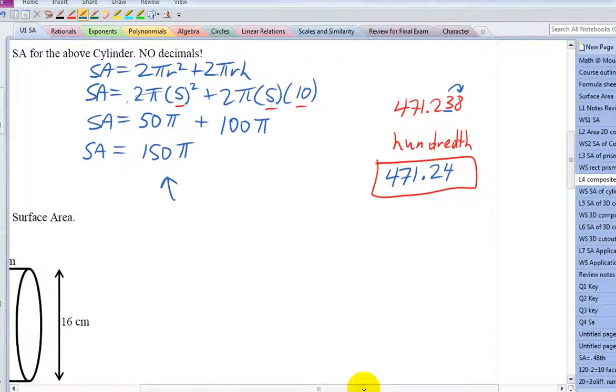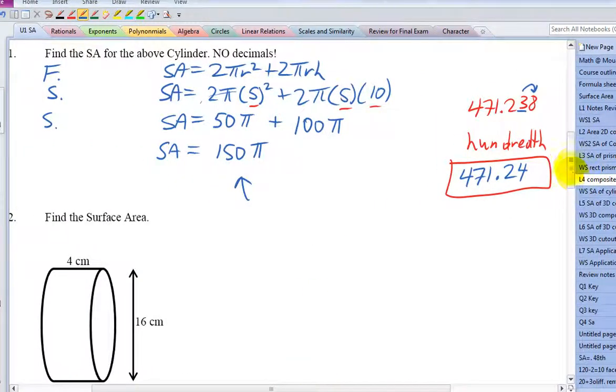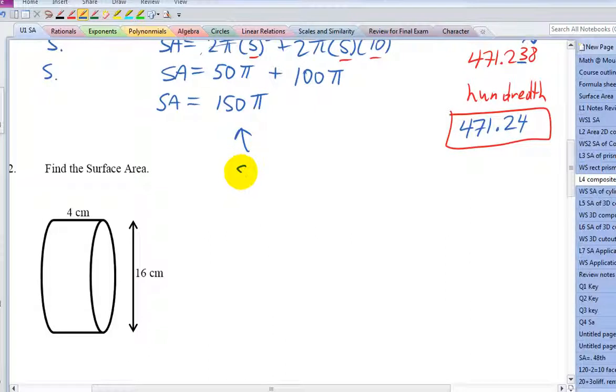Next one, we're going to start by writing down the formula. See if you haven't memorized it yet. Okay, you don't have to, but it really makes it easy if you do. And think about the different pieces. That'll help you.